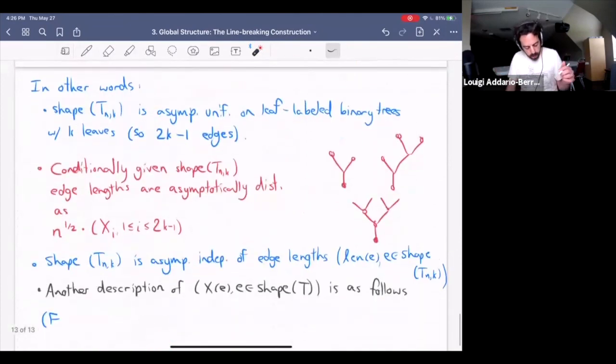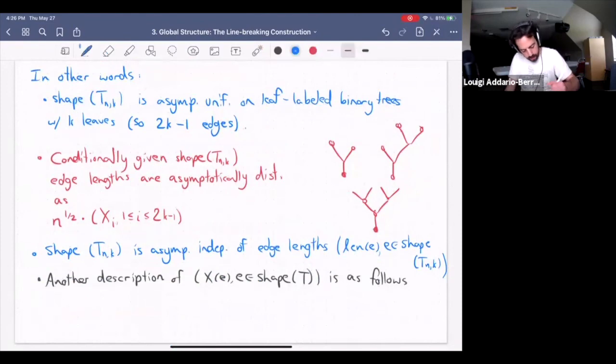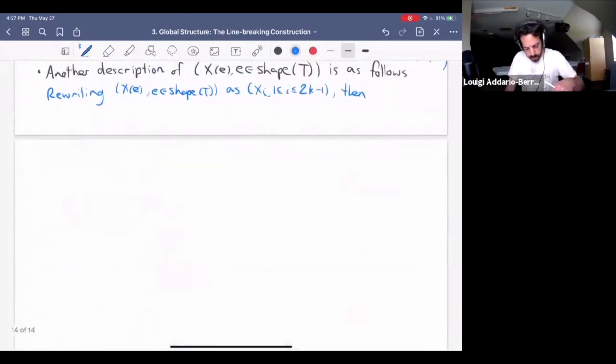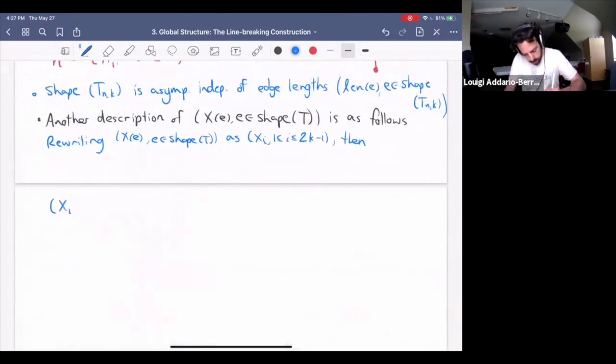Okay, so rewriting, if we rewrite this vector x_e as x_i from 1 up to 2k minus 1, then we have the following description of the joint distribution.